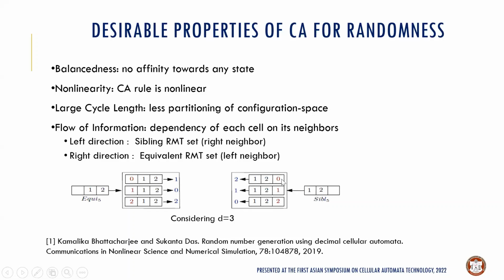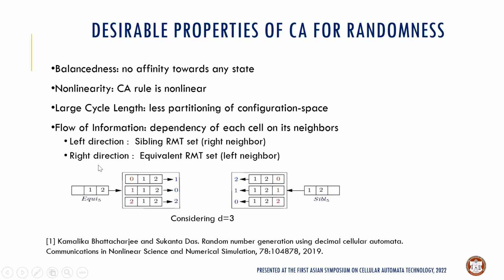So if the value of Z is different, then at the next iteration this information is propagated to this particular cell, that is the Y position. So it is just like a left directional information flow.